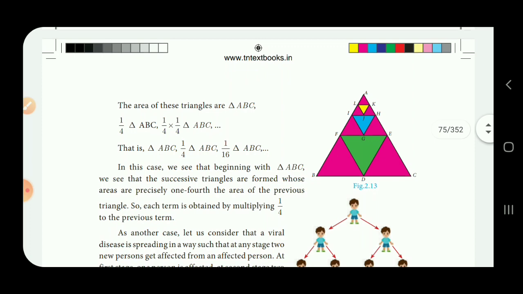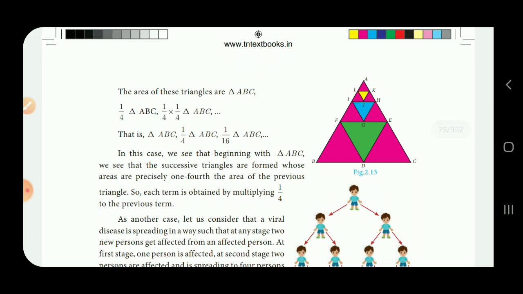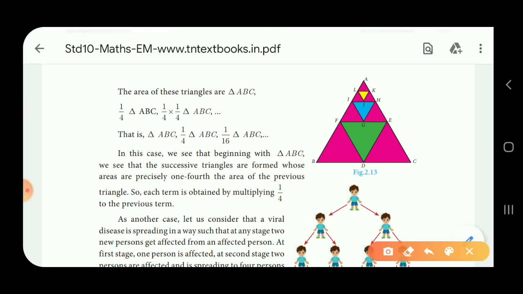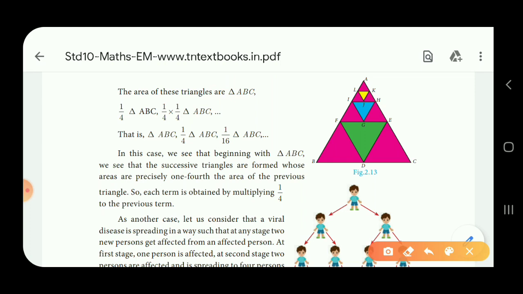So the area of triangle ABC, then the next one is 1/4 of the previous, that is 1/4 times the area of triangle ABC.